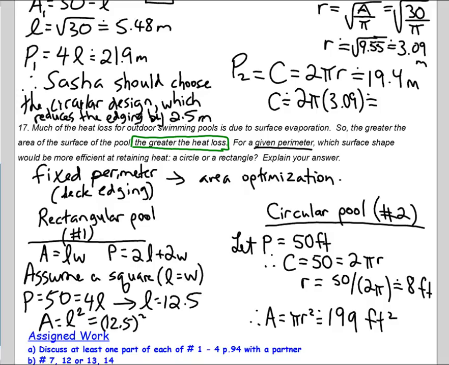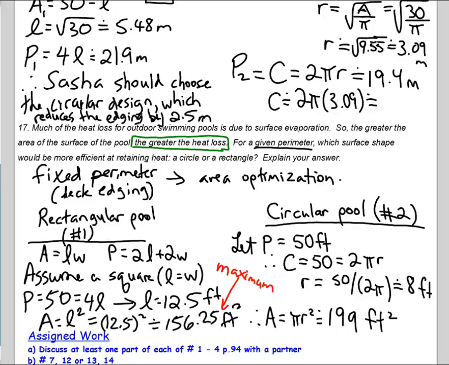This is in feet and feet squared. If we get that as a maximum, then we know we can certainly do better than that. So the rectangle area will never be more than 156.25, which means even at that, the heat loss is going to be less than the circular pool design.